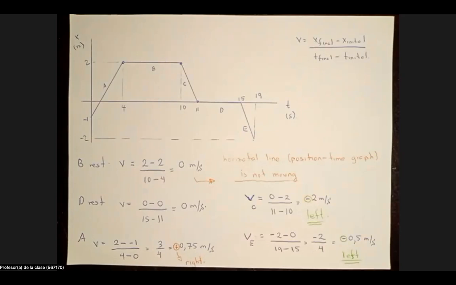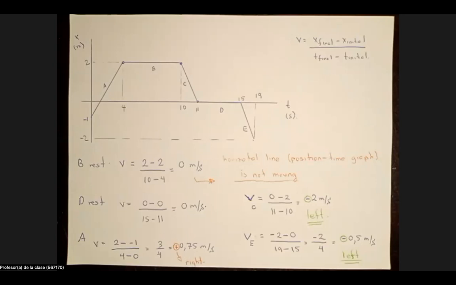Only A, the object is going to the right because the slope gives us a positive quantity. And in both B and D, the object is not moving.